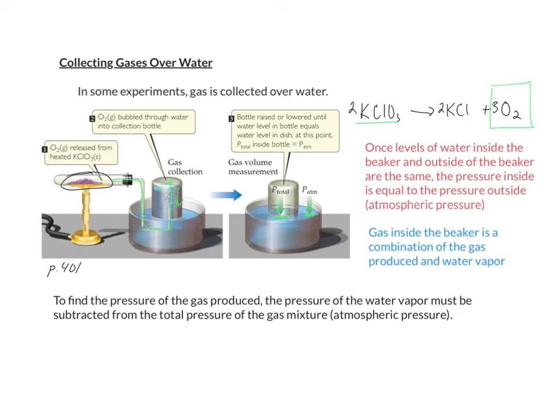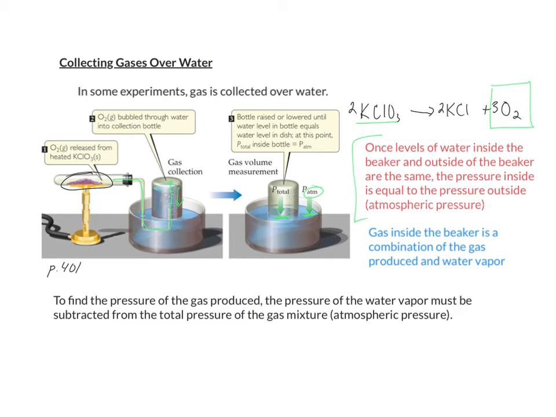Once the levels of water inside the beaker and outside the beaker are the same, that means the pressure inside the beaker is equal to the pressure outside of the beaker. And we know the pressure outside of the beaker is atmospheric pressure. So the pressure inside the beaker is now the atmospheric pressure, whatever that is.